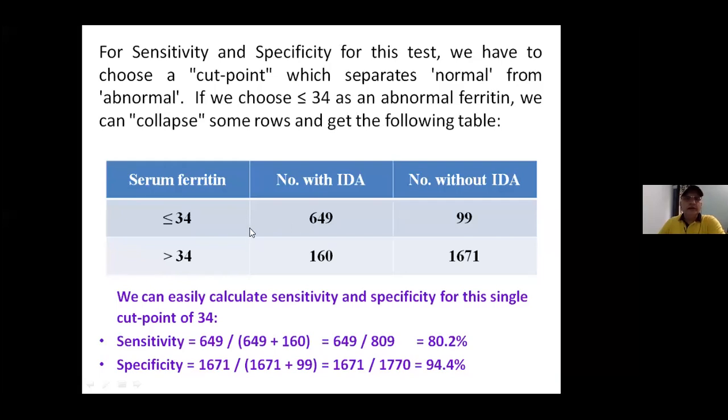So if you take the 34 cutoff, you add the first two and the last three. Based on this, you can compute sensitivity. So sensitivity will be this divided by the total, this divided by this plus this, which is 80, and multiply by 100. So you will get 80.2%. Specificity, this divided by this and this, so you will get 94 point something. This is for cutoff 34.